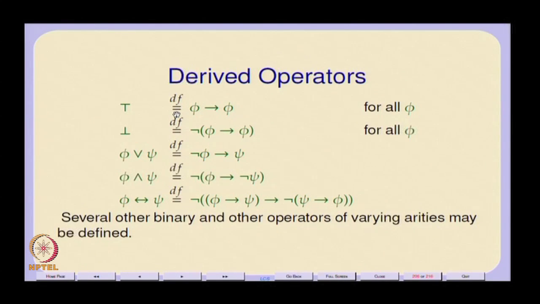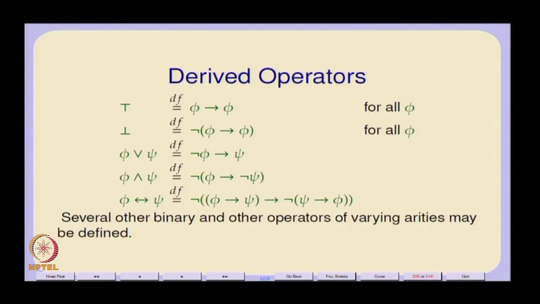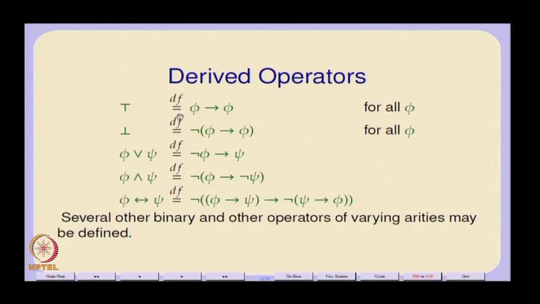Okay. There are other kinds of equalities we have looked at. Syntactic equality was one thing. The other equality, then we looked at logical equivalence, for example, that is an equivalence relation, but that is a congruence. But this is an equality by definition, and since it is an equality by definition, what you are saying is that what is on the left hand side is just an abbreviated name for what is on the right hand side.